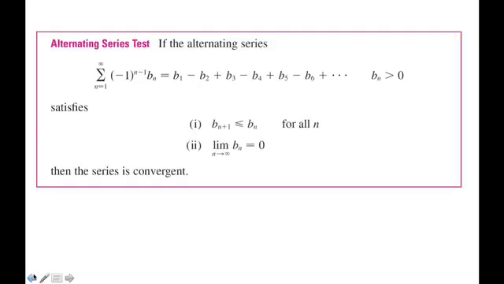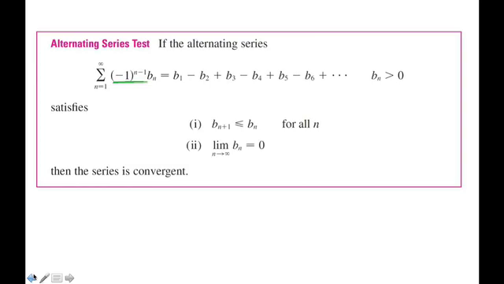It could be -1 raised to the n, but if it was -1 raised to the n, what would the sign of the first term be? Negative, right? So if it's n or n-1 or n+1, that determines whether you start with a minus or a plus. For all intents and purposes, n-1 would be the same as n+1, right? Okay. So this is the guy that's controlling the pluses and minuses.